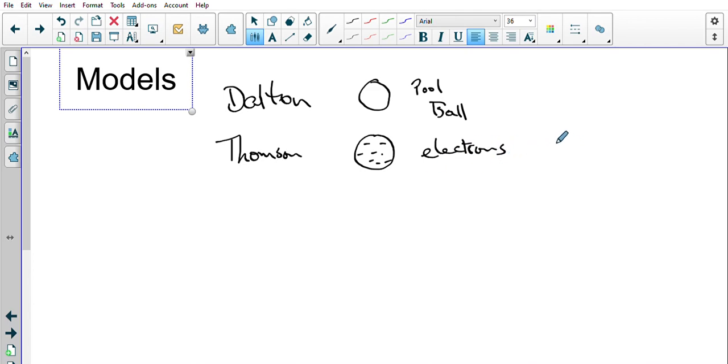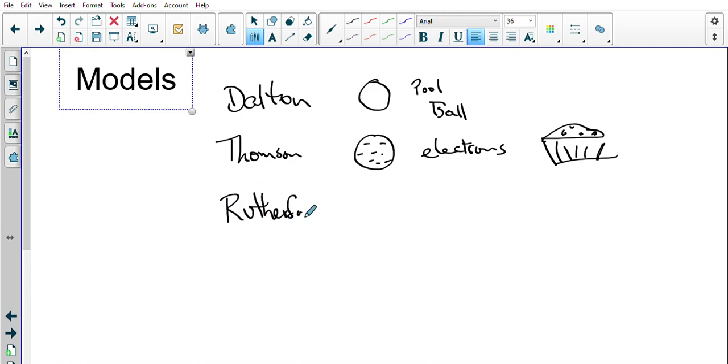And that's where we get the idea of a chocolate chip muffin, or I sometimes think of it like a poppy seed muffin.